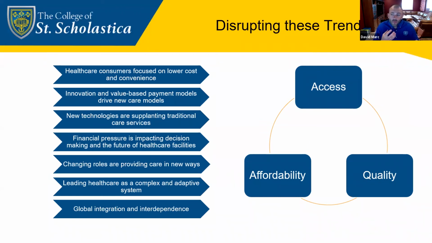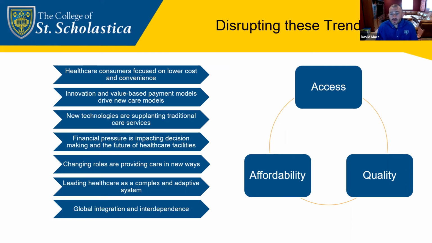When we think about ways that communities are attempting to disrupt some of these trends, what we're seeing is that in rural communities, the consumers themselves are driving change, causing disruption in these trends.